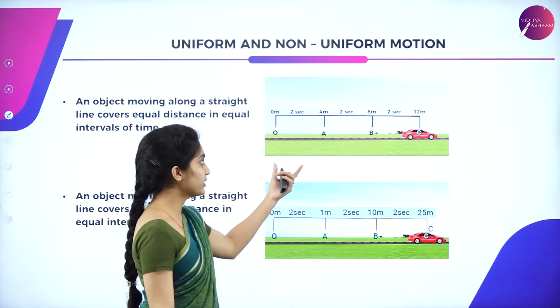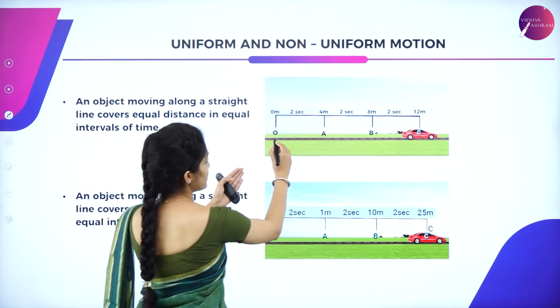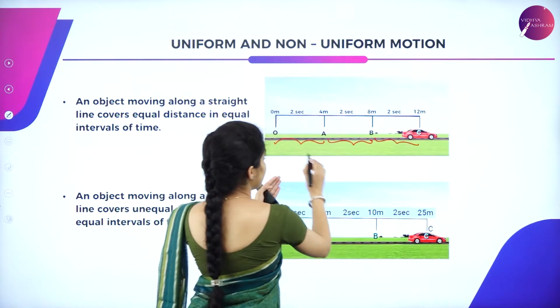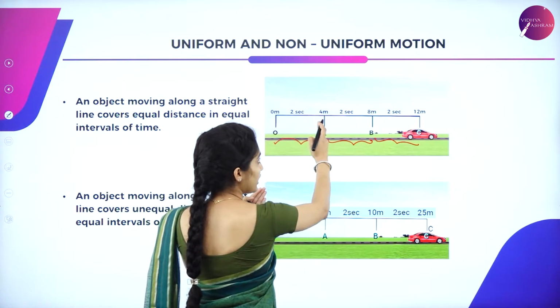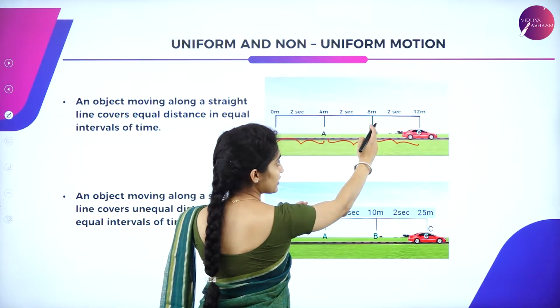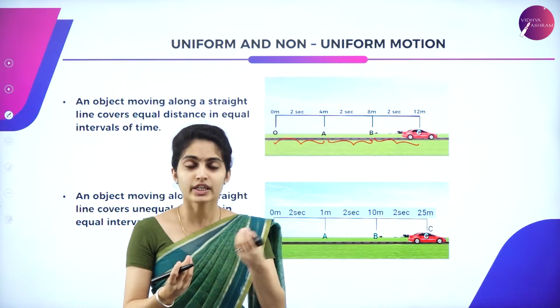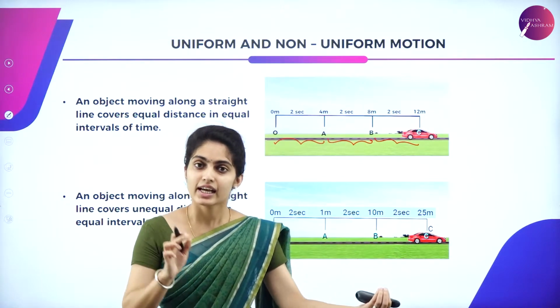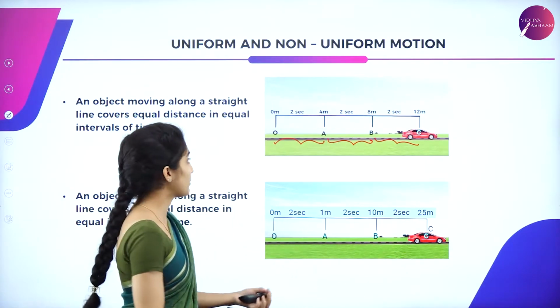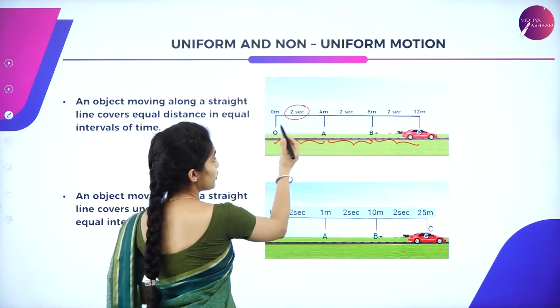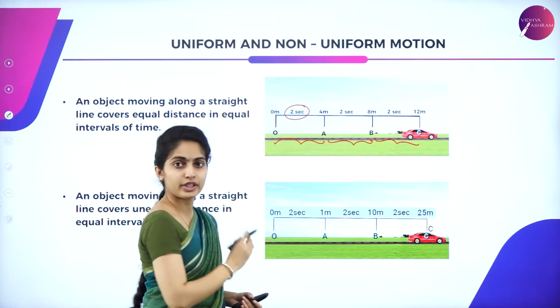Uniform motion is when the distance travelled is equal. It is 0 to 4, again plus 4, that is 8 meters, again plus 4, it is 12 meters. The object is moving equal distance in equal interval of time, that is 2 seconds. In 2 seconds, a car is moving from 0 meters to 4 meters.